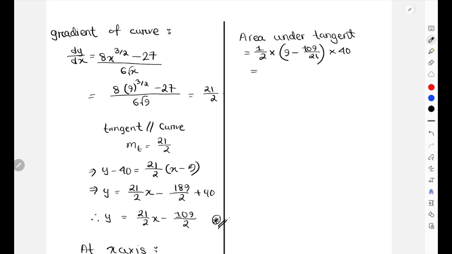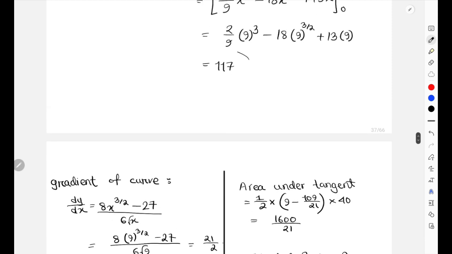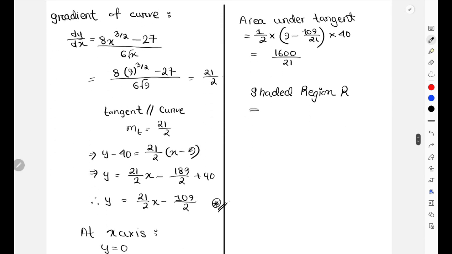So if we calculate this, you're going to get a value of 1600 over 21, and finally the shaded region R. For that, you just have to subtract this from your area under the graph, right? 117 minus this value that you got from the tangent area. And this one turns out to be 857 divided by 21. Okay, and that is your final answer.